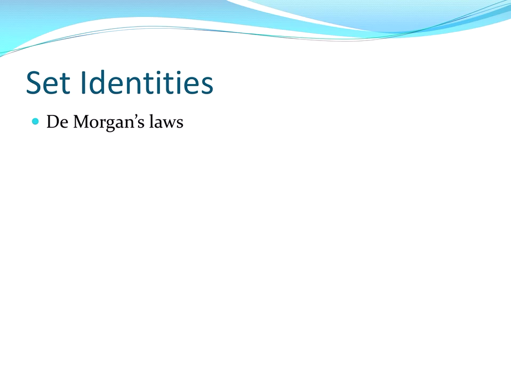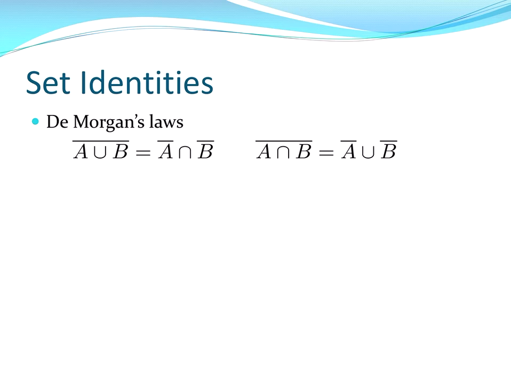De Morgan's laws. Remember, we've had De Morgan's laws in the preceding algebras, and so we'll still have them here as well. What do they look like? The complement of A union B is equal to the intersection of the complements, and the complement of the intersection of A and B is equal to the union of the complements.